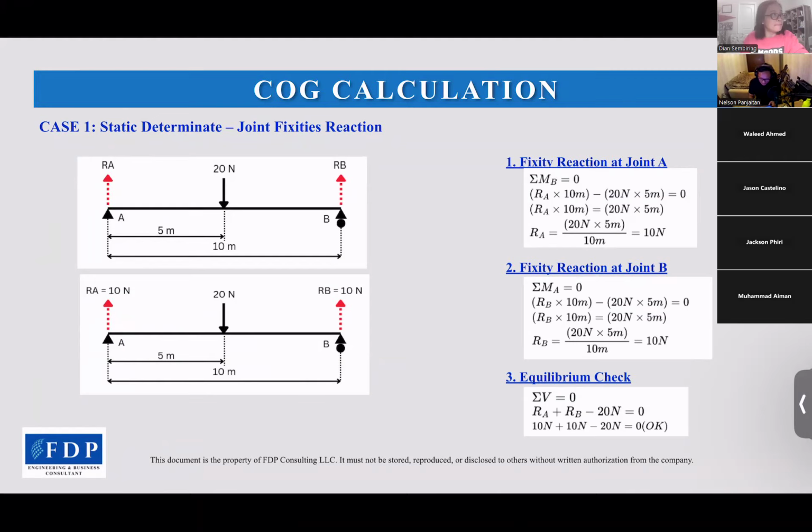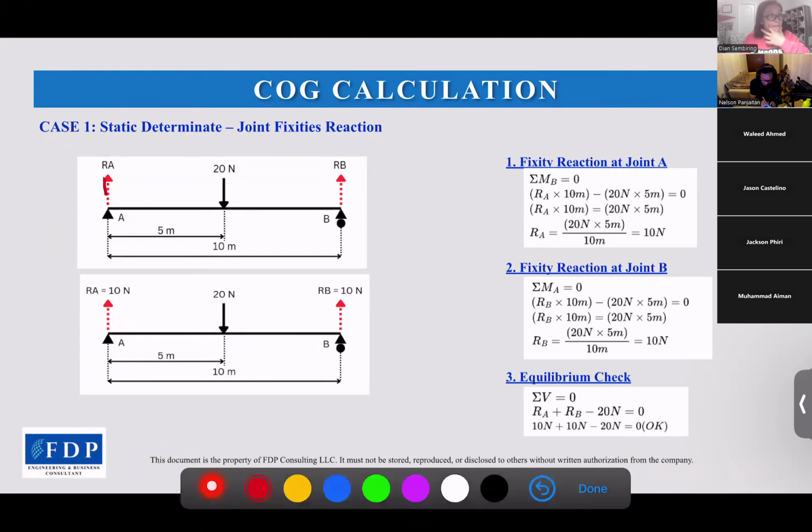For example, the fixity reaction at joint A. We want to know the reaction at joint A here. Then we can apply total moment at B equals zero. Why? Because if we use total moment at A equals zero, then the reaction at A has no distance to the joint itself. So we use total moment at B equals zero here.